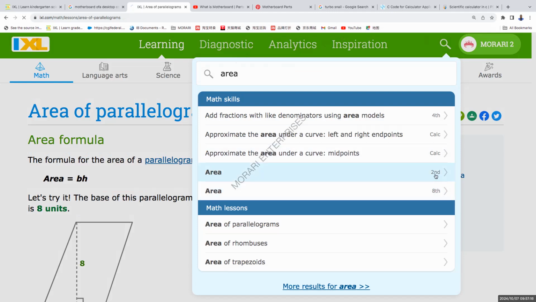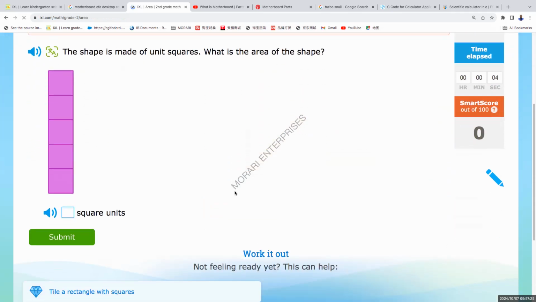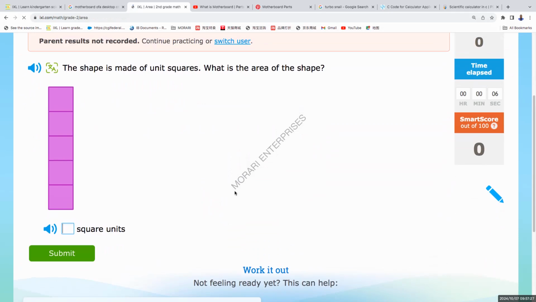Area of a parallelogram. Now, what is area?